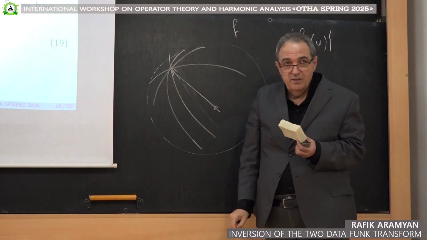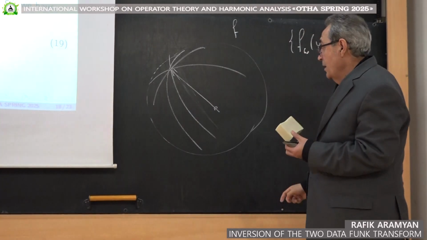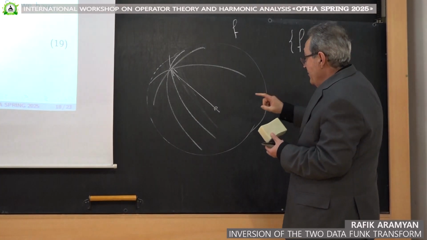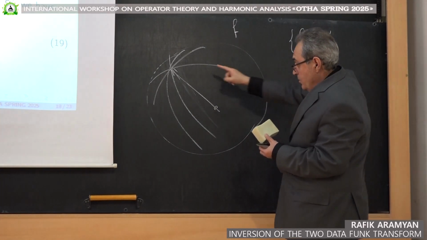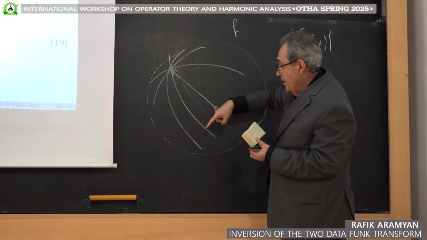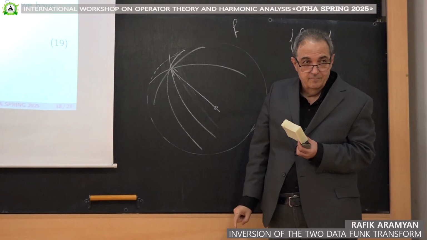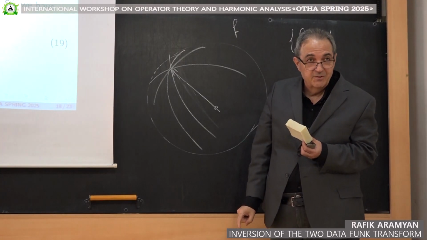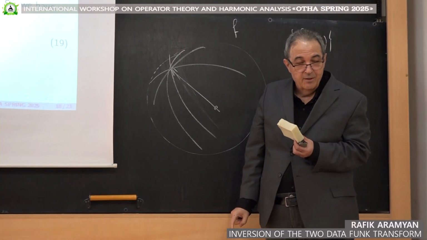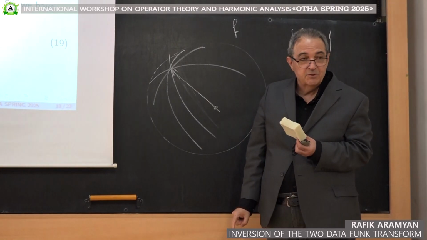The consistency condition is the following: the values of these restrictions on the circles at this point are the same. This is the consistency condition. By the way, the inverse statement is also true.